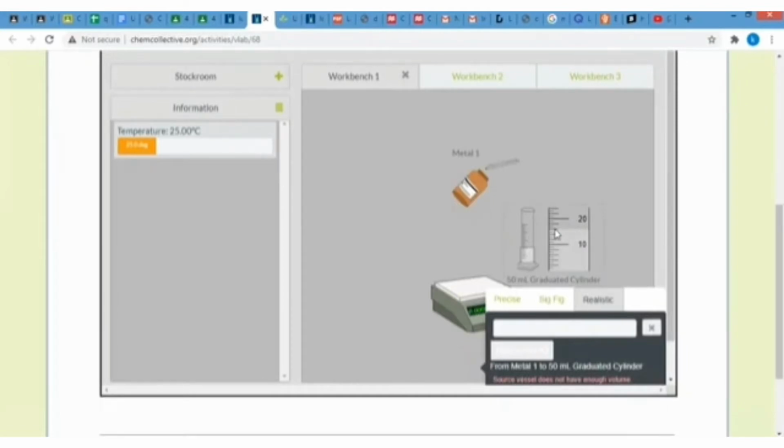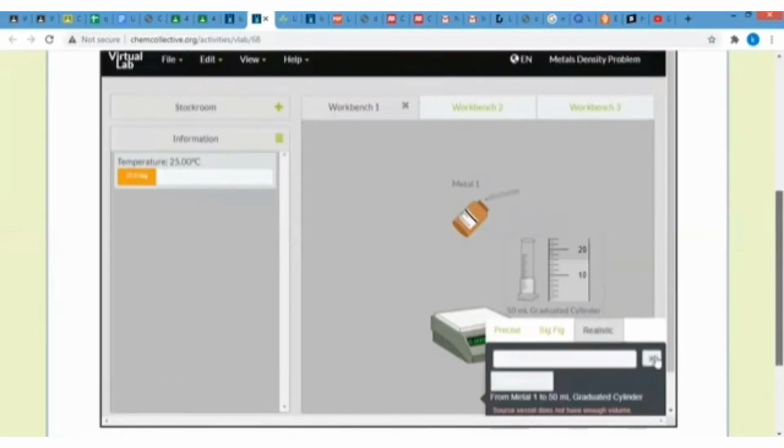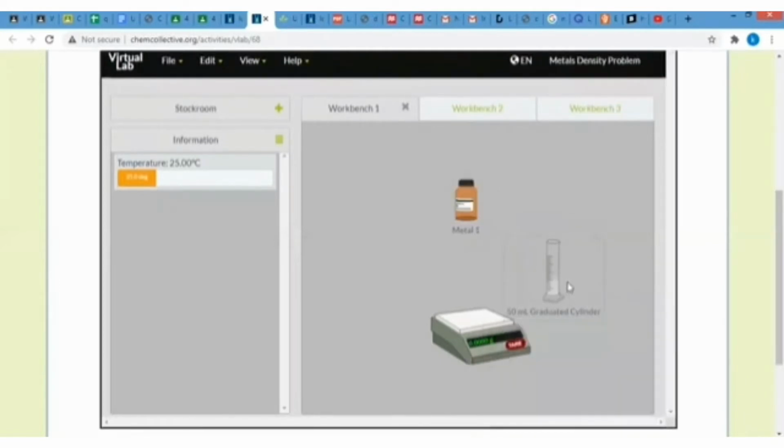So the volume of metal number 1 is 16 ml. Now we know what is the mass of the empty graduated cylinder and what is the volume of metal number 1. Now the mass of the metal is to be found.